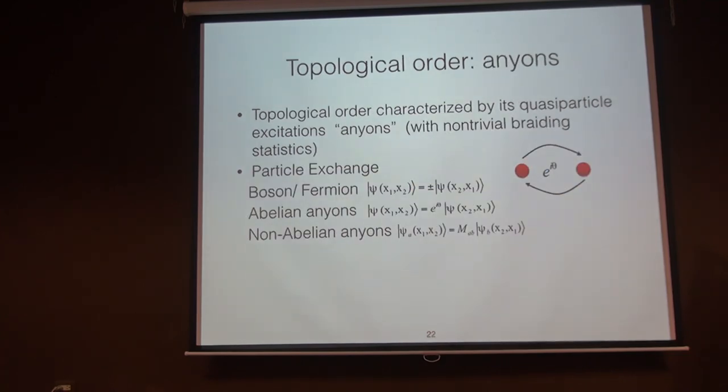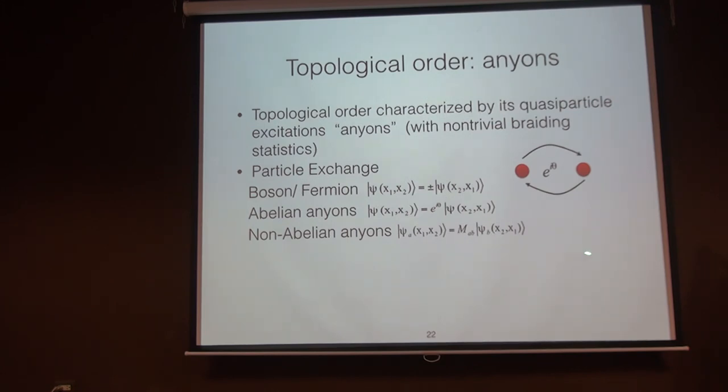Another property is the quasi-particle statistics. Different topological order phases give us different quasi-particles with different statistics and charge. So the topological order phase can be characterized by the quasi-particle excitation, or we say the braiding statistics.